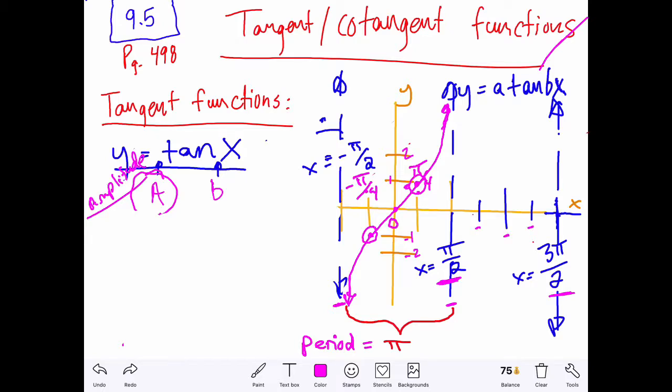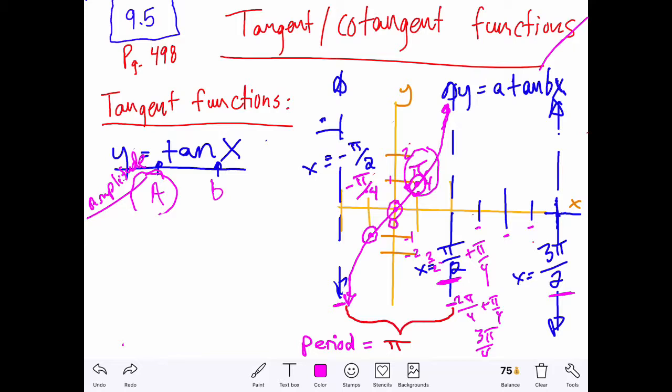Well, then I can go back to the beginning. I went from 0 to pi fourths. So that's how much I'm adding each intermediate length. And pi fourths plus pi fourths is pi halves. So I'm going to want to add this value of pi fourths to wherever I'm at. Well, pi halves plus pi fourths, if I multiply by 2 over 2, that's 2 pi fourths plus pi fourths, 3 pi fourths.